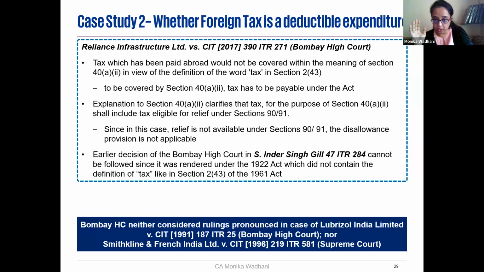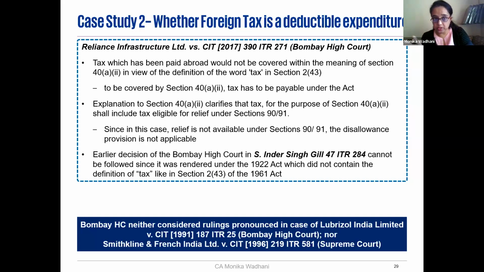And the earlier ruling of S. Indergill in case of Bombay High Court, it has distinguished that it cannot be followed in this case because that ruling was rendered in context of the 1922 Act, when there was no corresponding section like section 2 subsection 43 which is there under the 1961 Act.